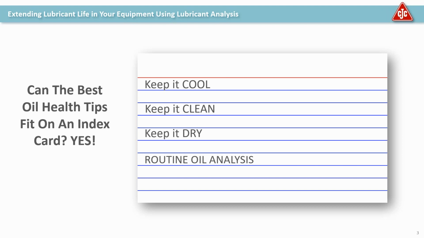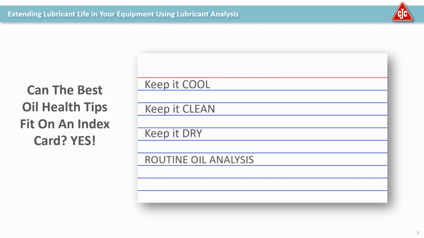And then finally, routine oil analysis, of course, because we want to monitor the health of the oil. And this all makes sense, doesn't it? Because why does oil go bad in the first place? Well, it's because the oil is contaminated, it's dirty, there's water, and we have to change it out. If it's stressed, it results in oxidation, water, particles.